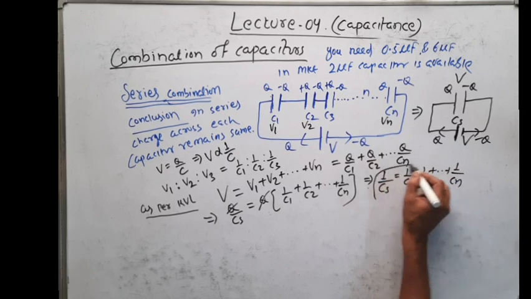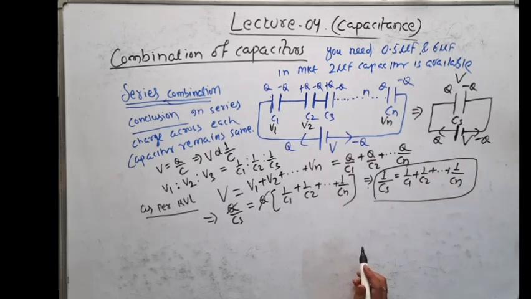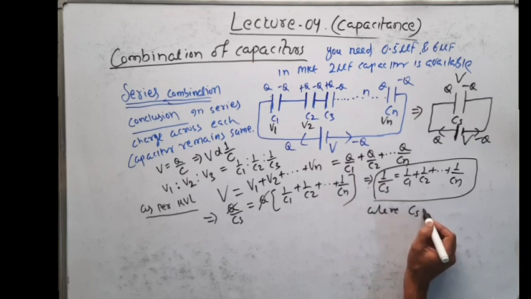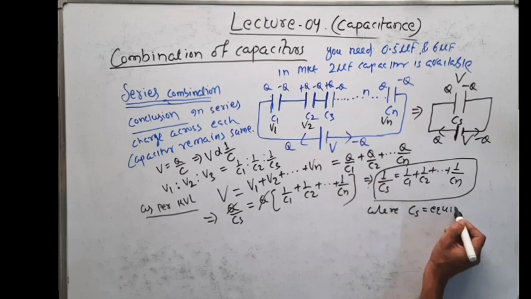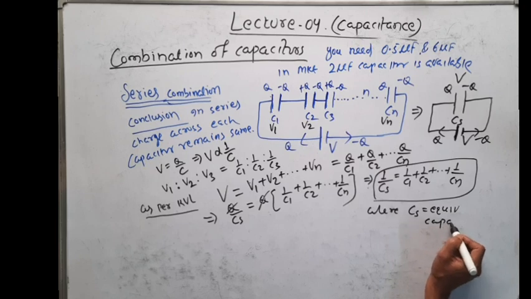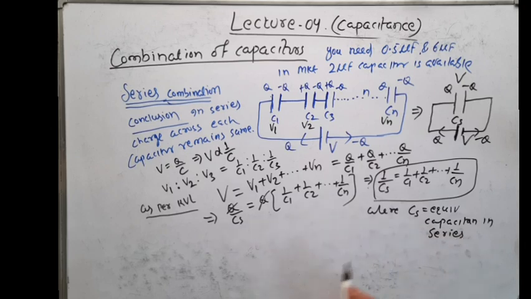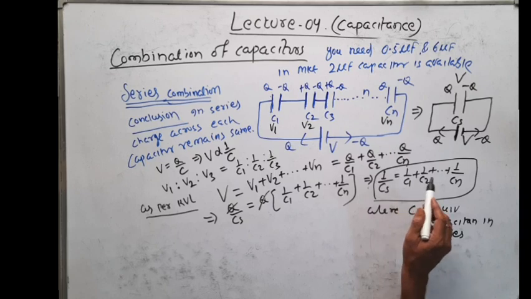So this is the formula of equivalent capacitance. Here Cs is equivalent capacitance, S stands for series connection. Okay. So now 1 by Cs is equal to this.